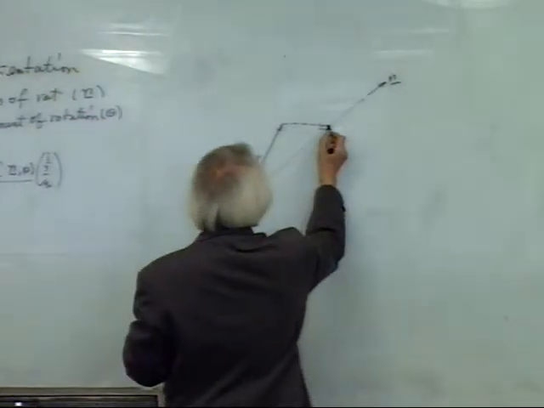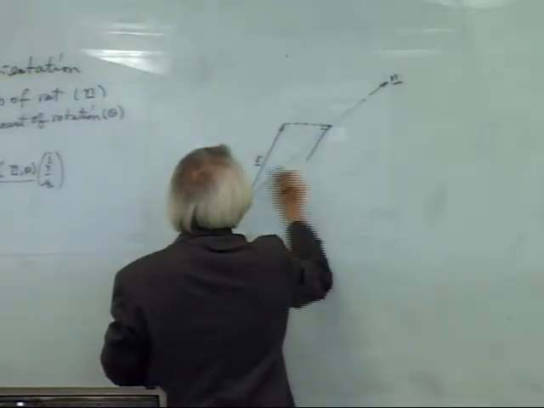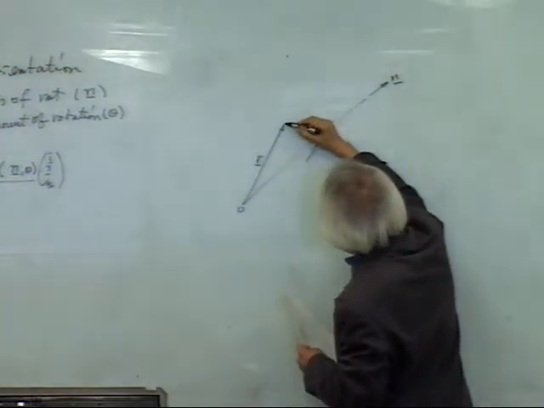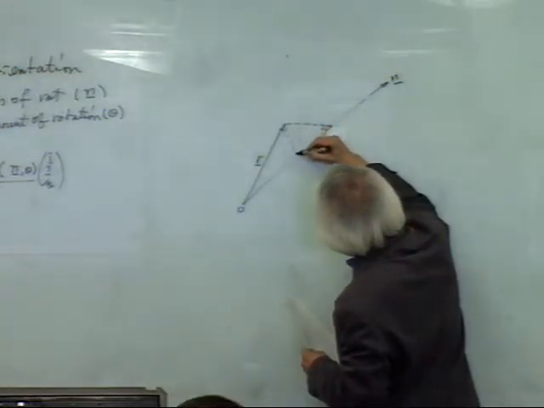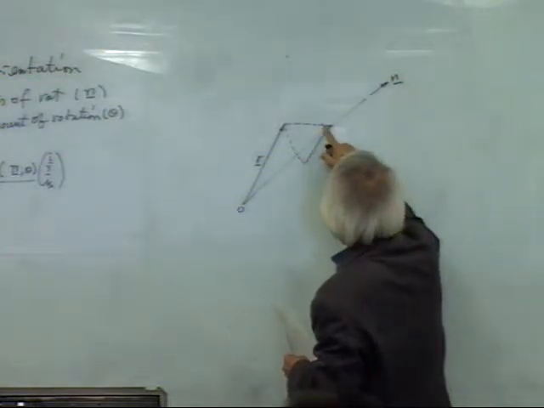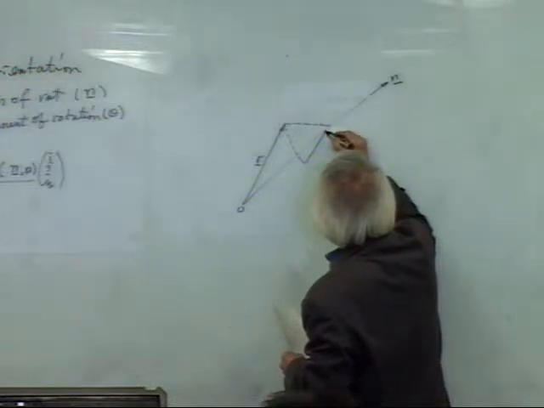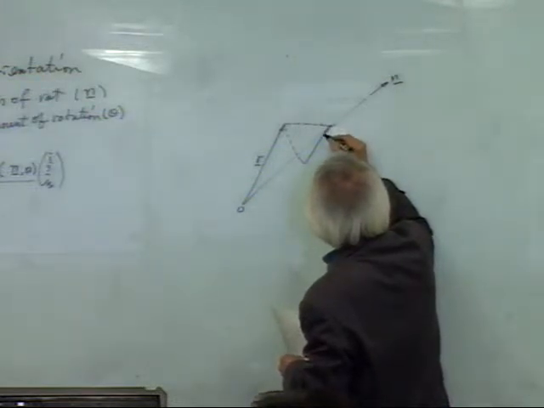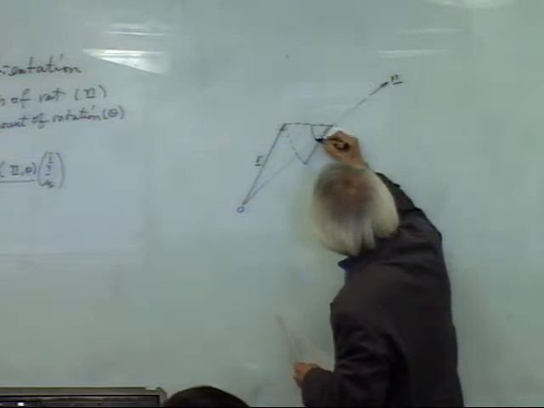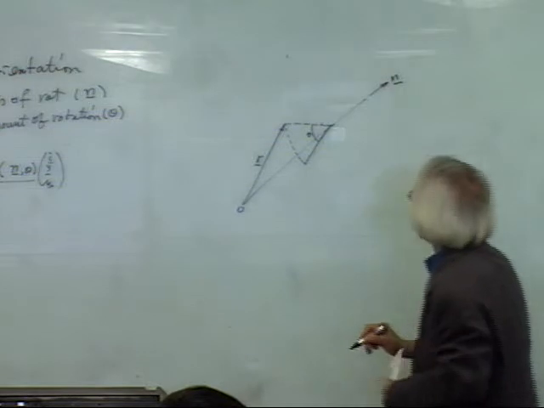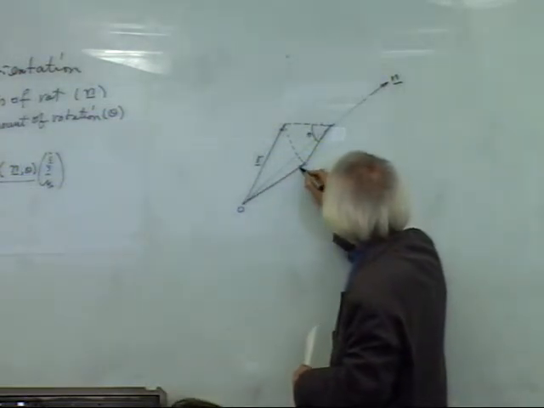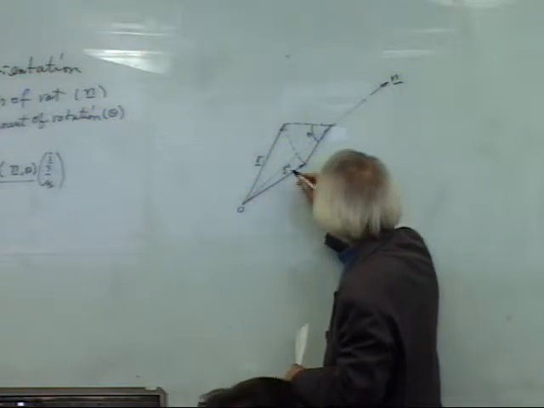Okay? So this guy will go through rotation about that way. Let me just get rid of this guy so that you will not be confused. Okay? So after rotation of that amount, which is theta, my new vector is here, which I will call r prime. Okay?